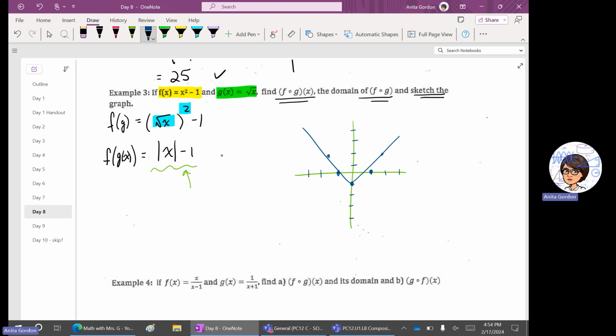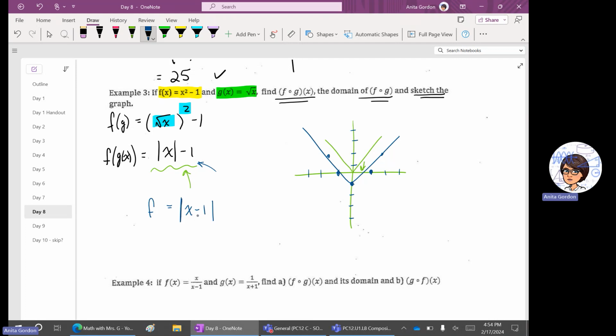You'll notice that the negative 1 here is outside of the absolute value function, right? So that means we are taking our absolute value function and we are then moving it down 1. If I had a function that looked like this, f equals the absolute value of x minus 1, x minus 1 inside of the absolute value function, right?